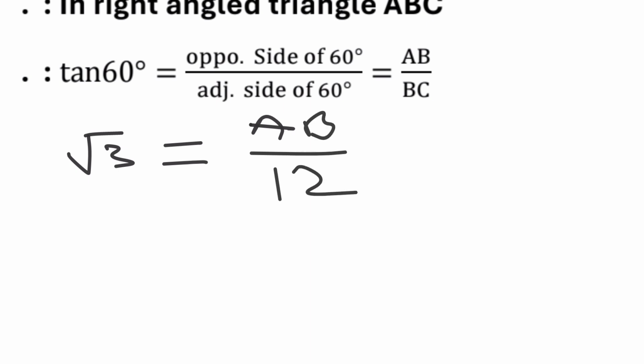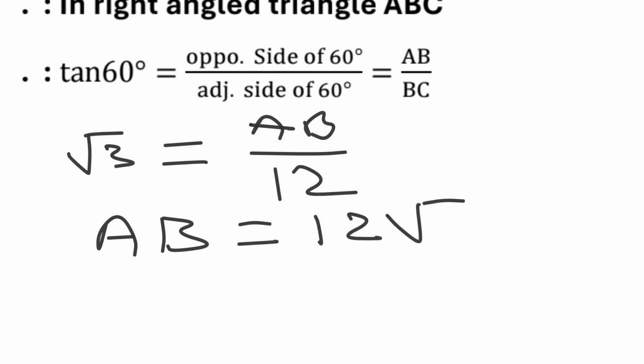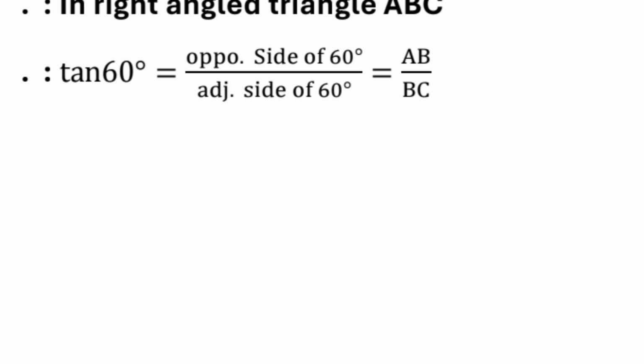Then 12 we take to the left side. Therefore, AB is equal to 12 root 3 meter. Have you got this?